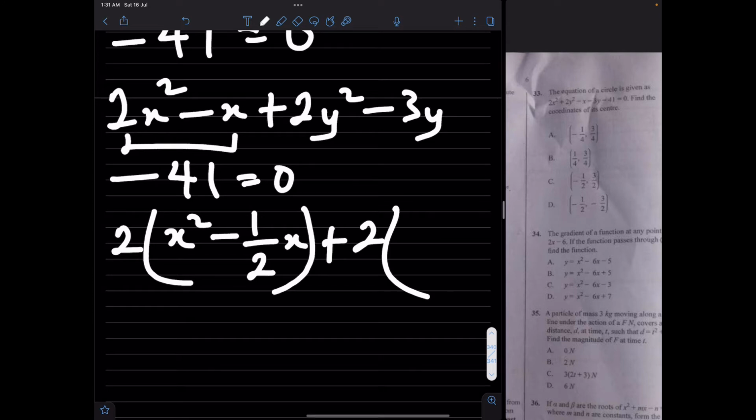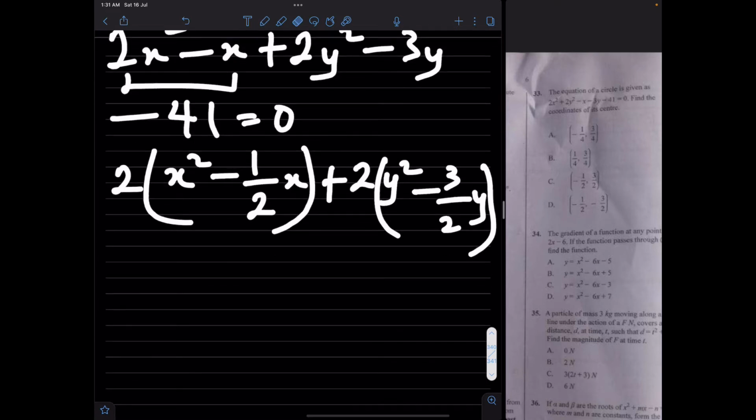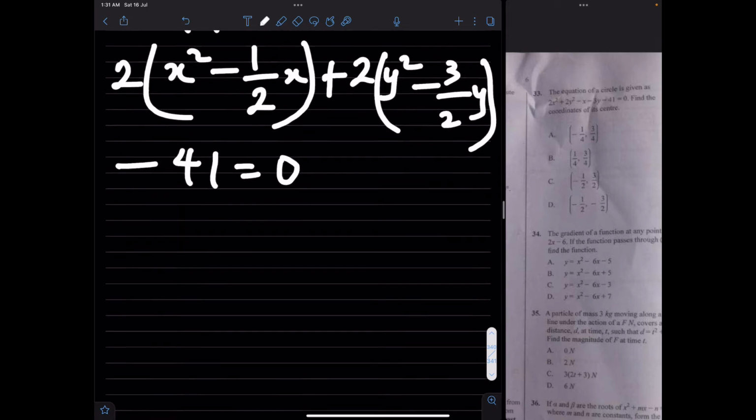I have to write it in this form before I complete the square for it.